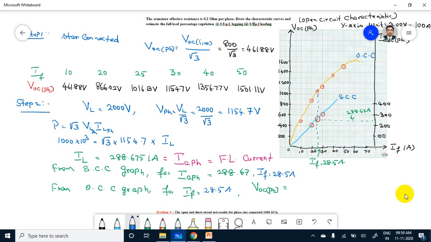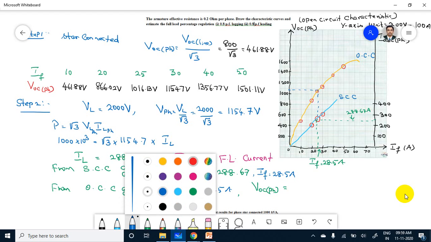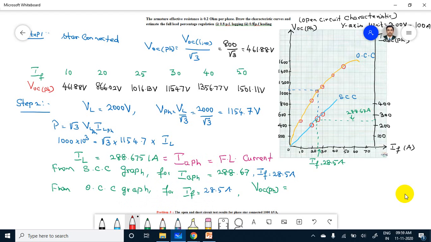It will come to around this point. This point we call 1060 volt. So the open circuit phase voltage is 1060 volt. Do you understand?